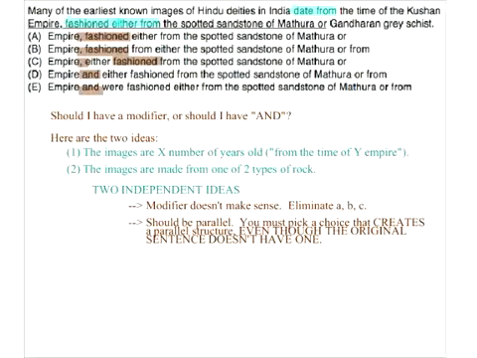The meaning is, let me tell you two totally separate things about these images. Number one, they are this old. Number two, they are made of this stuff. This is number one and number two, and they have nothing to do with each other. So even though the original does not have a parallel structure, you have to make one.